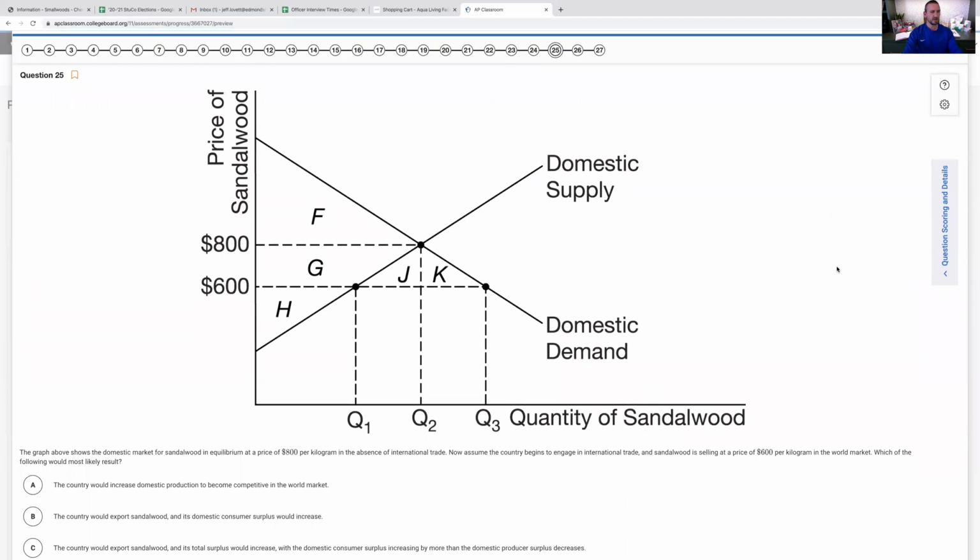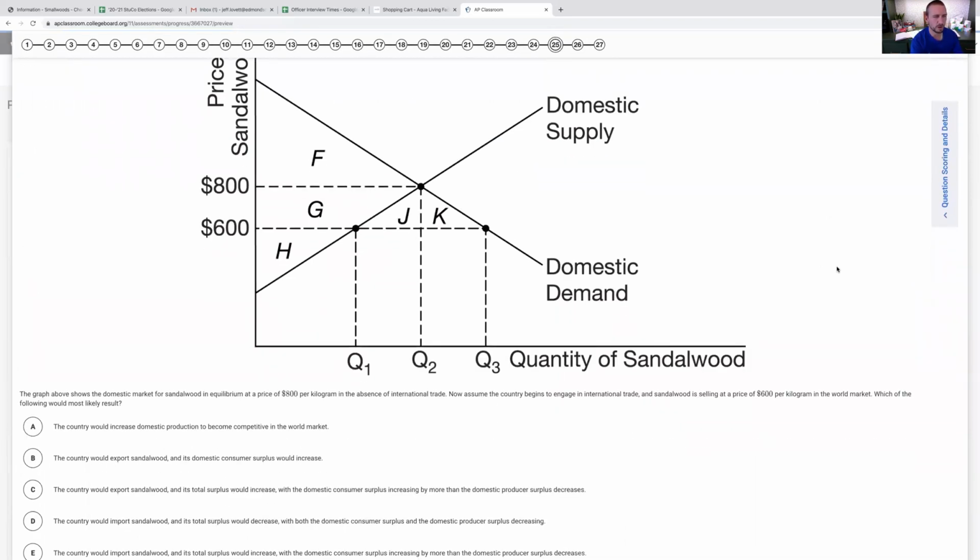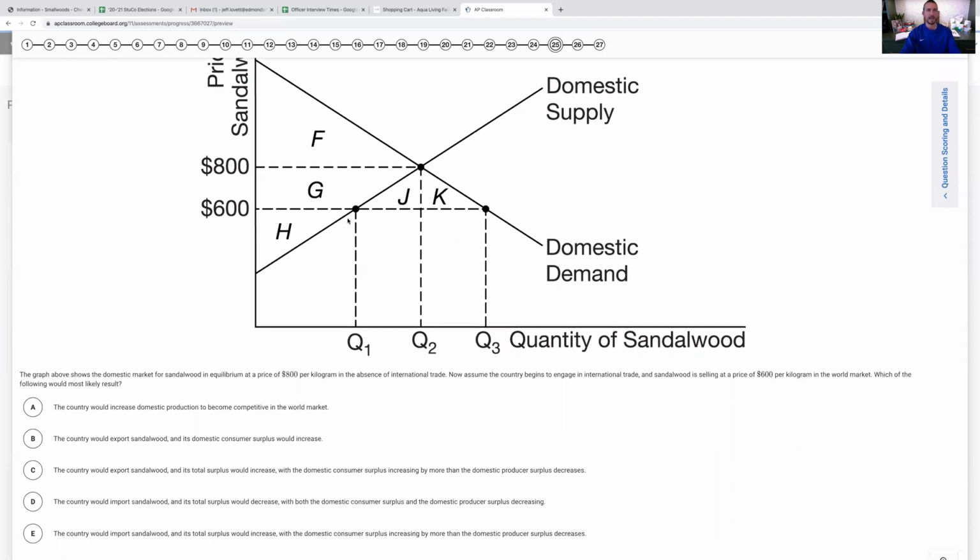Okay, 25. The graph above shows the domestic market for sandalwood at equilibrium at a price of $800 in the absence of international trade, no trade. Now assume the country begins to engage in international trade and sandalwood is selling at a price of $600 in the world market. Which of the following would most likely result? Okay, so now that the price falls to $600, you can see a couple things, right?